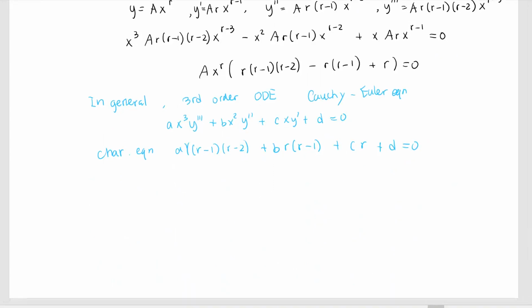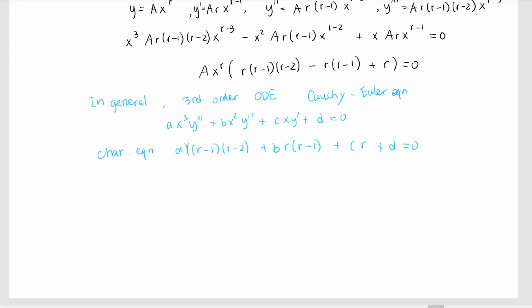So if you have a fourth order, you can imagine the next one in front of it should be r (r minus 1)(r minus 2)(r minus 3). So when you keep increasing the order, it's just like multiplying more factors of r minus a number. So you just count down. All right, so let's go back to our problem.